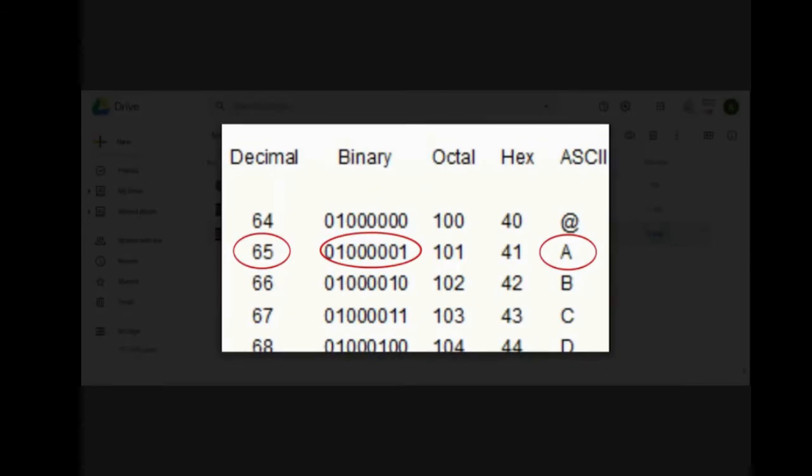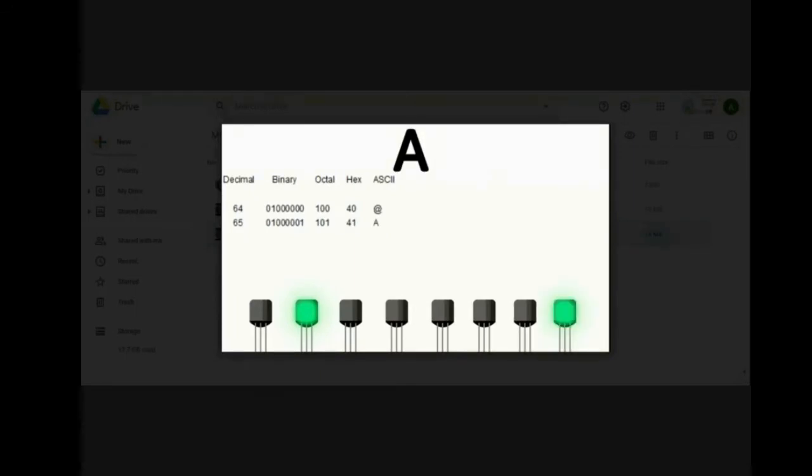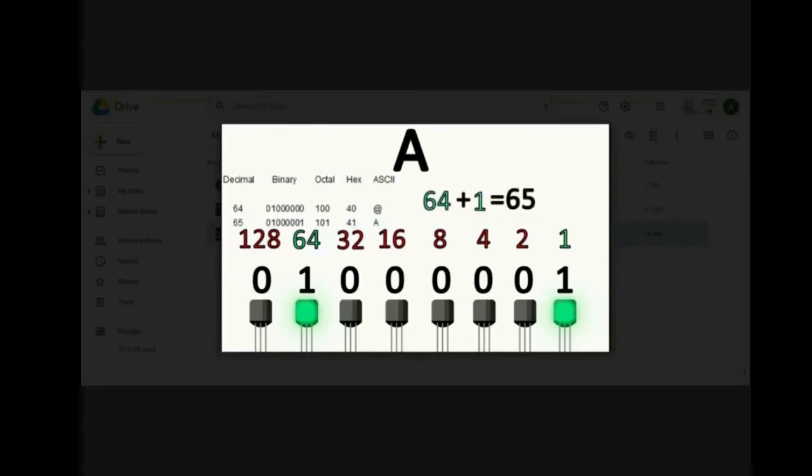So whenever you type in an uppercase A in a word program, a coding program, or a scripting program, or whatever, somewhere there's a little tiny row of 8 transistors arranged in the pattern of off, on, off, off, off, off, off, on, which represents 0, 1, 0, 0, 0, 0, 0, 1 in binary, which is interpreted as 65 in base 10, which is converted by ASCII into an uppercase A.